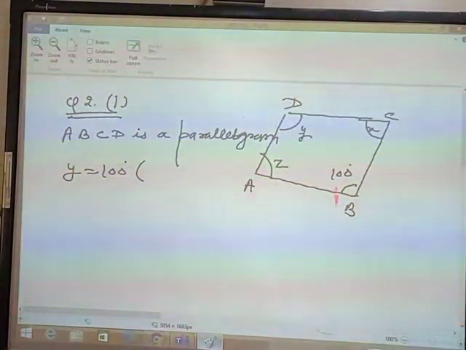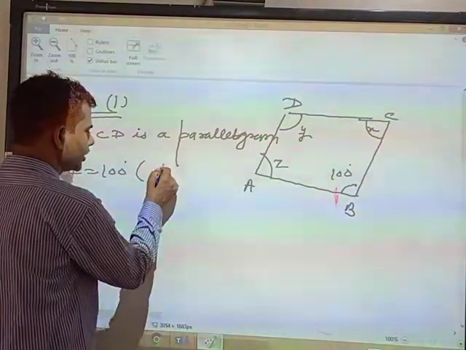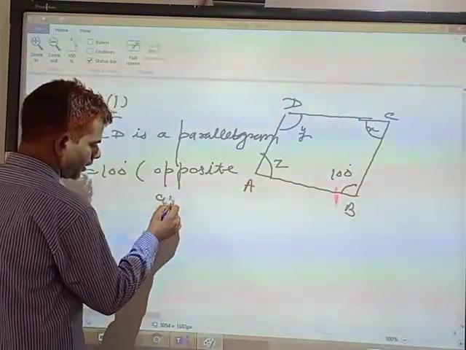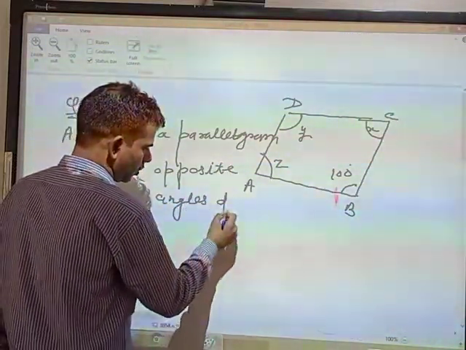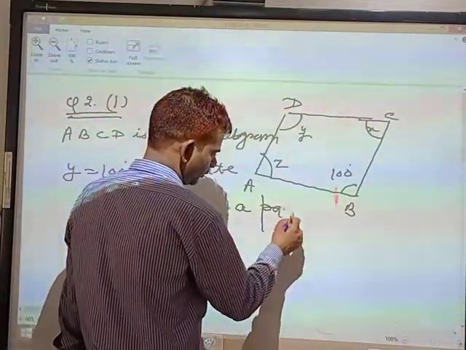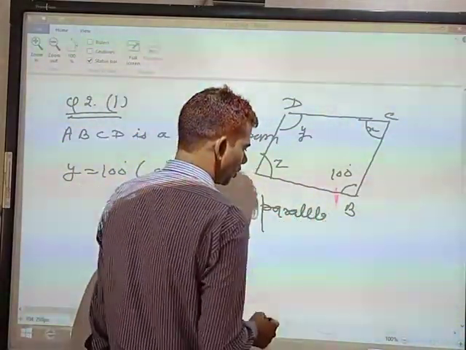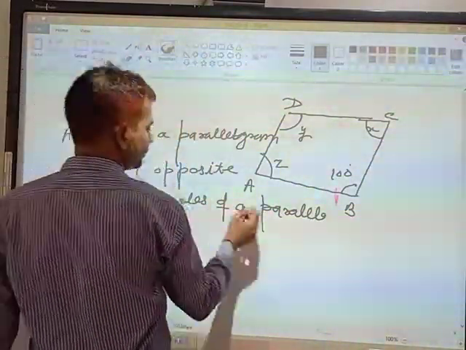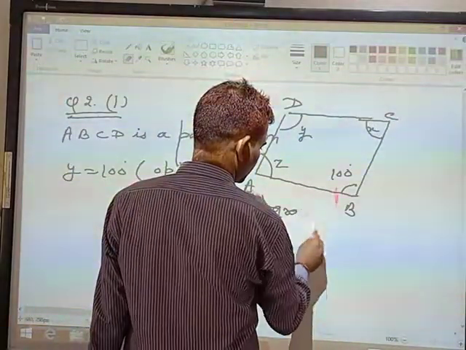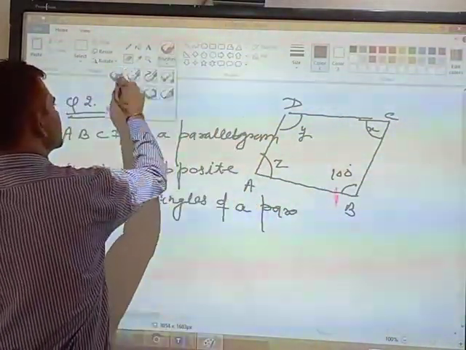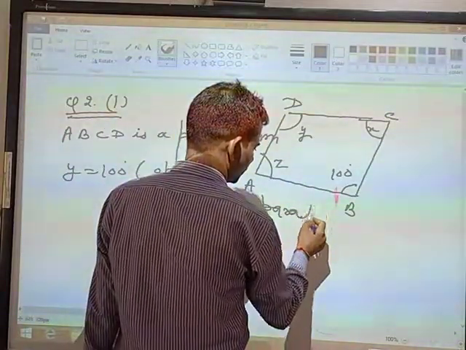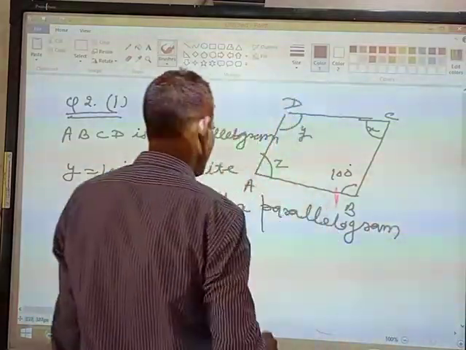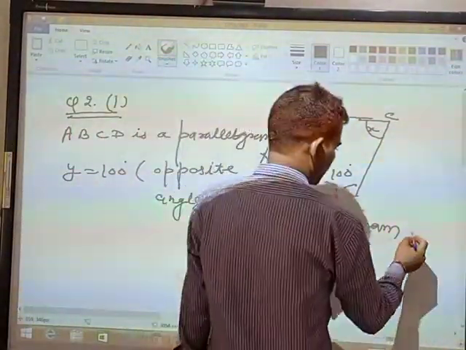Now student, Y is equal to 100 degree. Y, opposite angles of a parallelogram are equal.